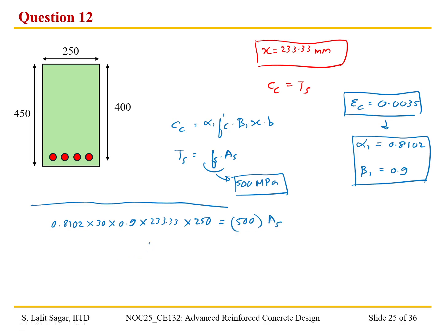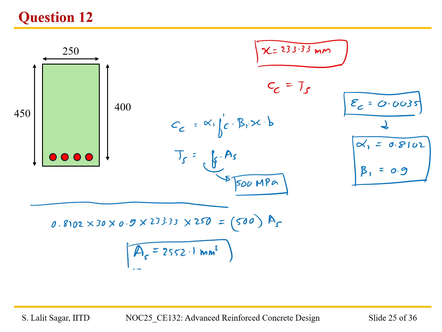So substituting these values, we obtain the value of As, or the area of reinforcing steel, as 2552.1 mm square.